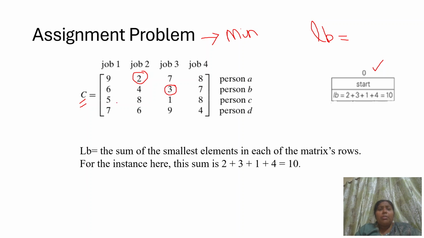In the third row, the costs are 5, 8, 1, 8, and 1 is the lowest. In the last row, 4 is the lowest. Now I find the bounding function: 2 plus 3 plus 1 plus 4, which is equal to 10. So this is the initial state.